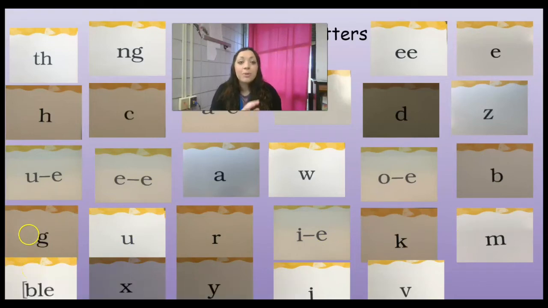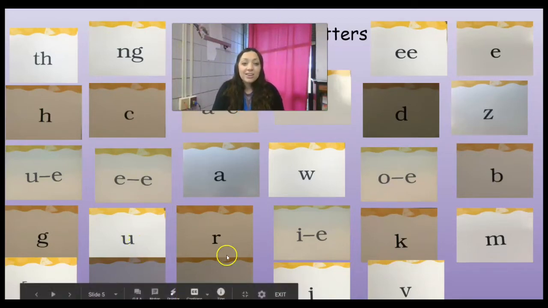Are you ready? Remember that bracket tells us that we're going to say final syllable, B-L-E. Let's say that together. Ready? Final syllable, B-L-E. Then we have X, Y, J, and V.